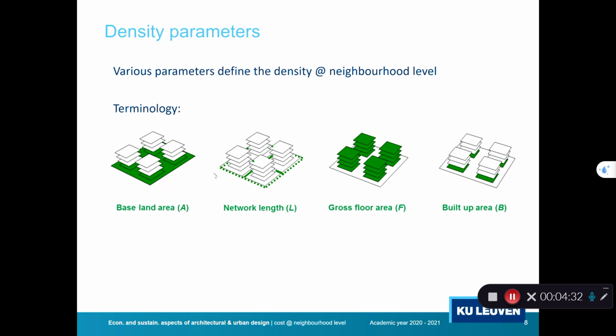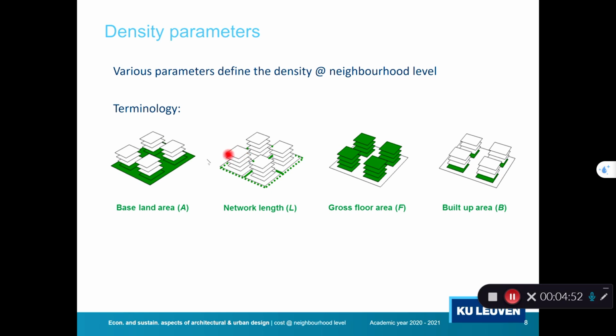We also have streets. We need streets in the neighborhood and surrounding the neighborhood. So the dark green or the full lines are the network streets, the streets which are located in the neighborhood we are looking at, and which means it serves only for the people that are living in the neighborhood.